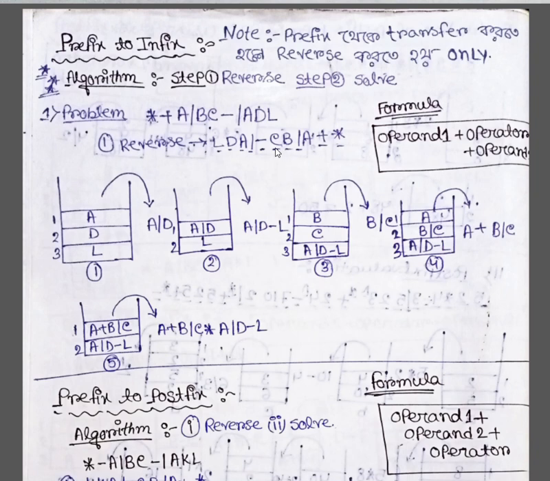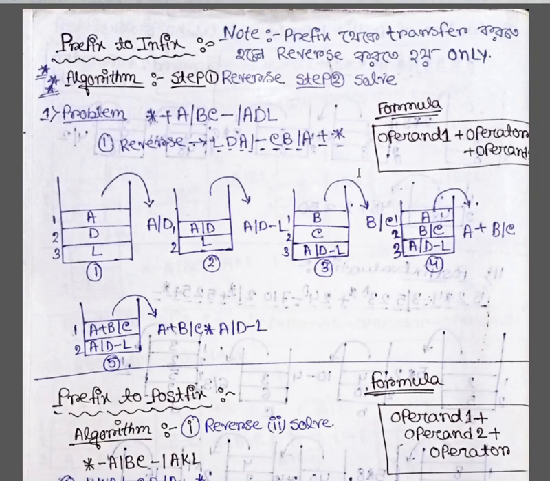And now we encounter an operand, that is C. So we pushed C in this stack 3. Then we encountered B and pushed it in the stack, and then we found this slash operator, that is the divide operator. Then we have to pop again, and according to the formula, operand 1 should be popped out.